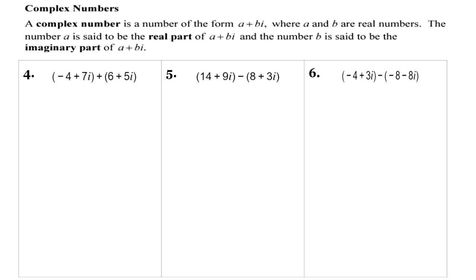And the only difference is that when we write our final answer, it has to be written a certain way. So our real part, which is the a part of our a plus bi, has to be written first. So that's your numbers without the i attached to it. So the real part has to be written first, which is just regular numbers.